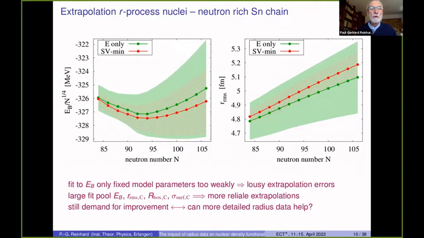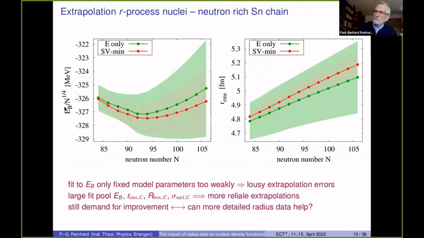What does it mean for extrapolations? I look here at one example, extrapolations to very neutron-rich tin, which are crucial in the r-process chain. Green is the fit to energies only, red is the fit to energies and radii. And you see immediately that the error band, green area, red area, is dramatically reduced by adding radius information for the prediction of binding energies.